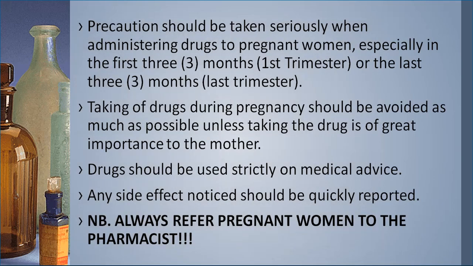So precautions should be taken seriously when administering drugs to pregnant women, especially in the first 3 months, that's the first trimester, or the last 3 months, that's the last trimester. The first 3 months, as I've said, can cause deformations and affect the functional growth of the child and fetal tissues. The last 3 months can affect labor, and the drugs taken during the last 3 months can affect the child when they give birth.